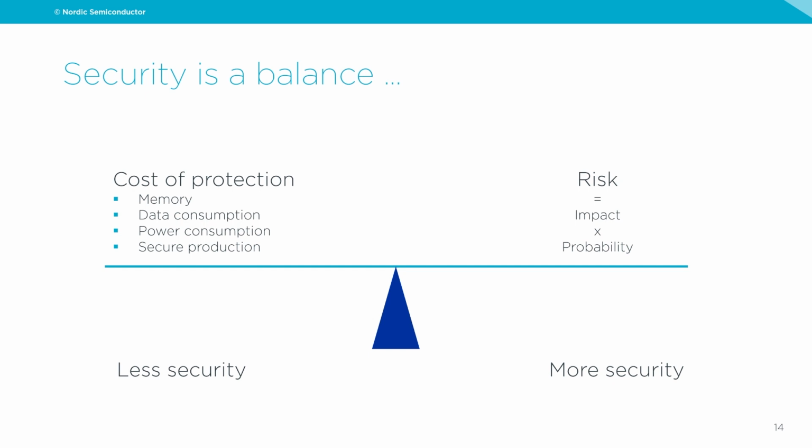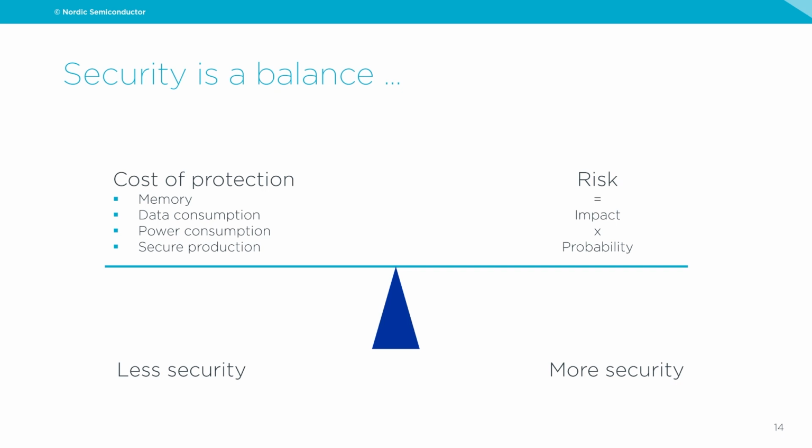A better way to think about security, which is not a binary concept, is really about an analog scale, if you will. It's really about balance, and it's balance between cost on the one side. So cost can mean engineering hours, for example, development time. It can mean memory on a device. If you need a little bit more memory, you need a larger device, which will be a little bit more expensive.